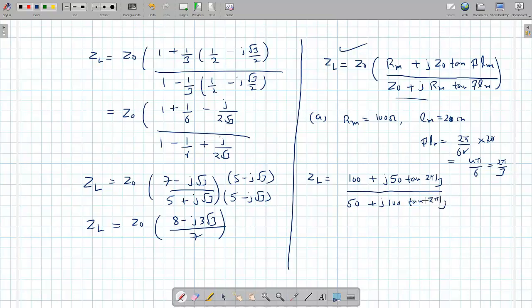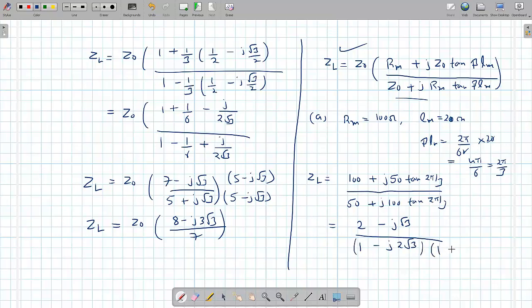Tan of 2 pi by 3 is minus root 3. So that means 50 can be taken outside: (2 minus j root 3) upon (1 minus j 2 root 3).